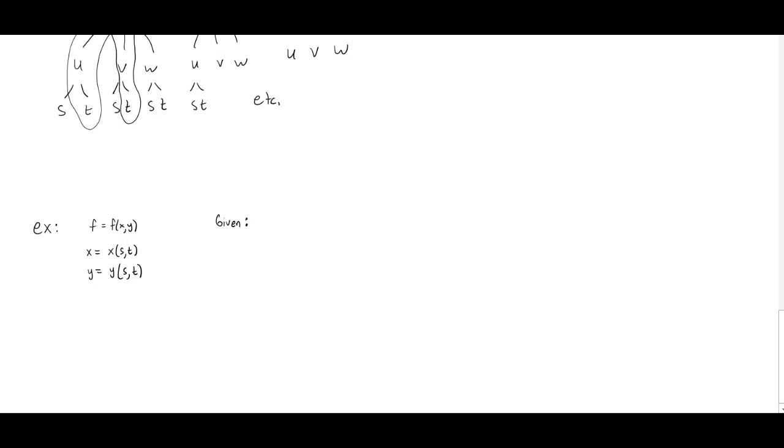Okay, so let's say we're given that x evaluated at 1, 2 is equal to 5. Okay? Let's say y evaluated at 1, 2 would be equal to negative 2. Now let's say we are also given the partial derivatives. So x with respect to s, also evaluated at this point 1, 2.